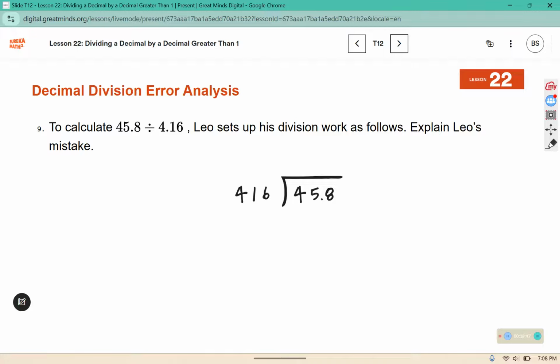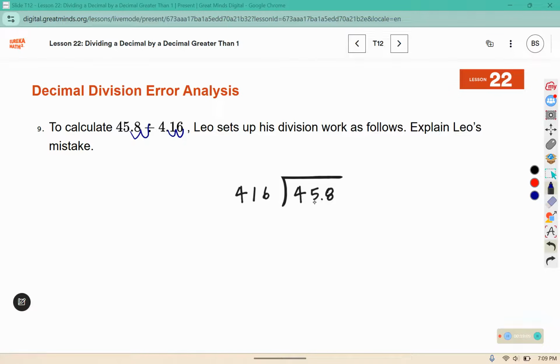To calculate 45.8 divided by 4.16, Leo sets up the work as follows. Explain Leo's mistake. He moved the decimal 2 spots to get 416, but he did not move this decimal at all.